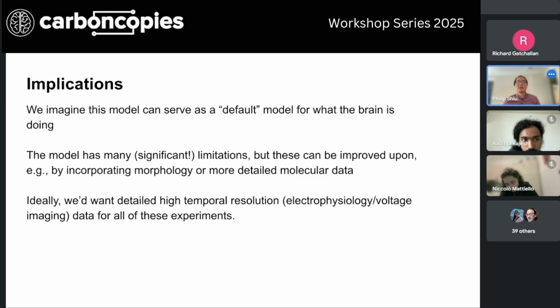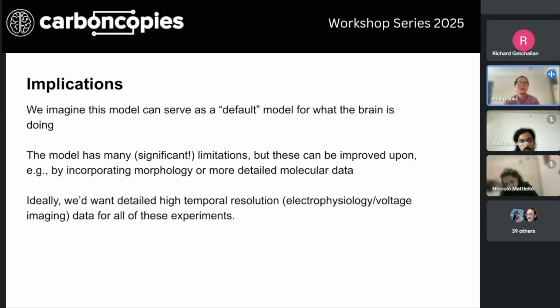One of the things that we glossed over in this paper is that this model can predict some things well. One thing that we never really predicted is, for example, firing rates.